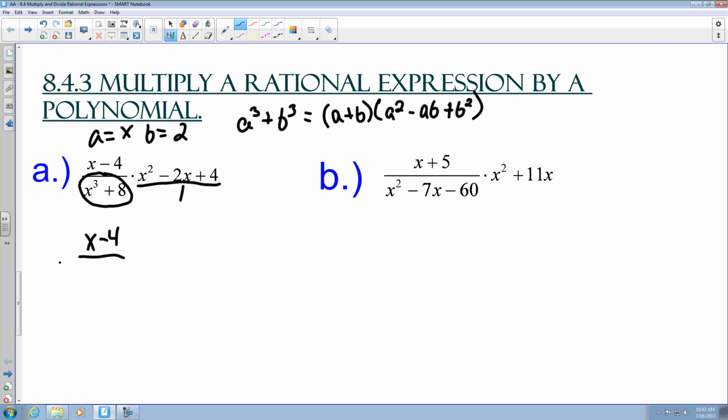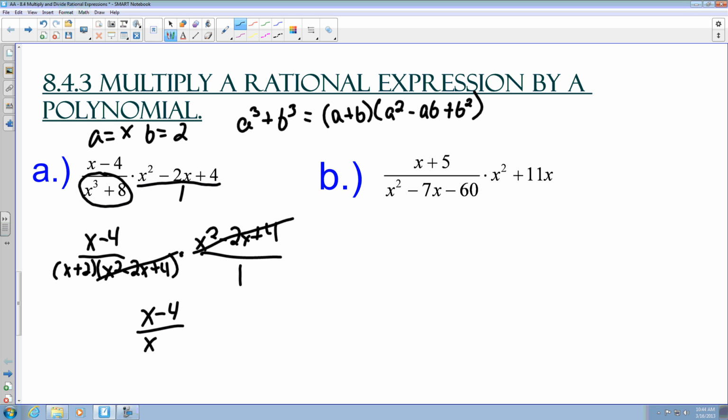So in the bottom here, I'm going to write x plus 2 times the quantity x squared minus 2x plus 4, all of which is multiplied by x squared minus 2x plus 4, all over 1. And you look at it, this is the same and that's the same, so I can cancel those out. Now I'm left with x minus 4 divided by x plus 2.